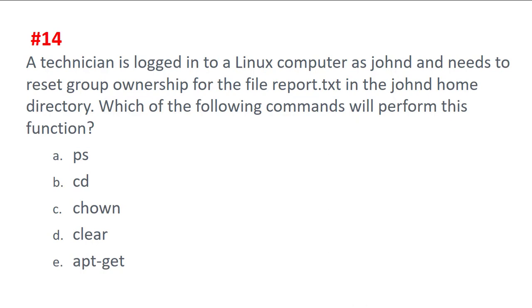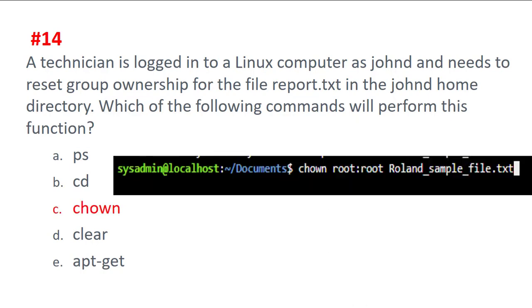So which of the following commands will perform this function for this group ownership to be reset on the specific file report.txt that's located in the John D home directory, and we're logged in as John D? Well, to do this, there's only one of these that makes sense, and that's the change ownership, or chown command there.